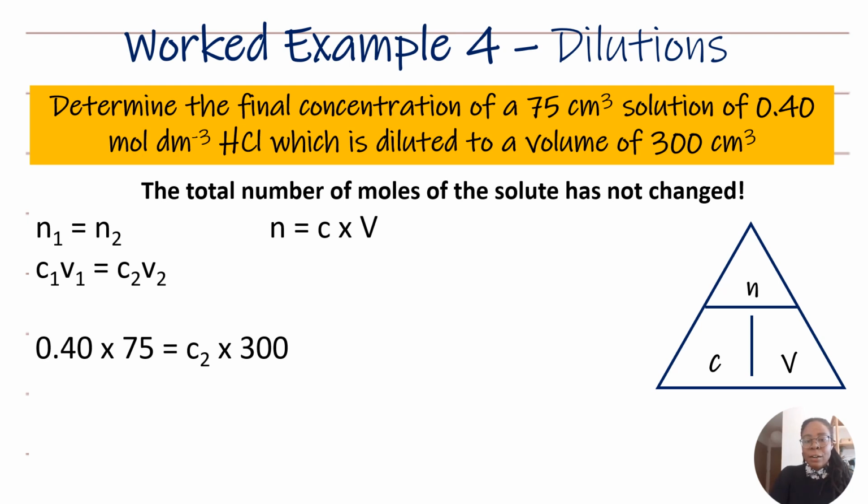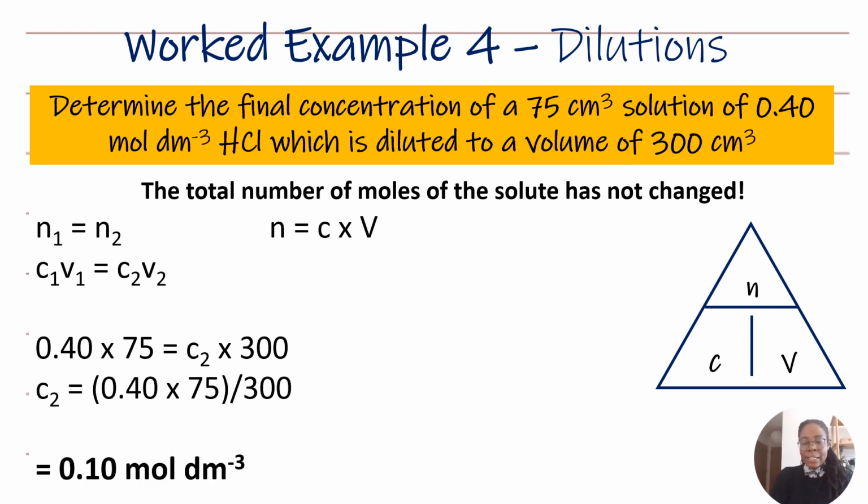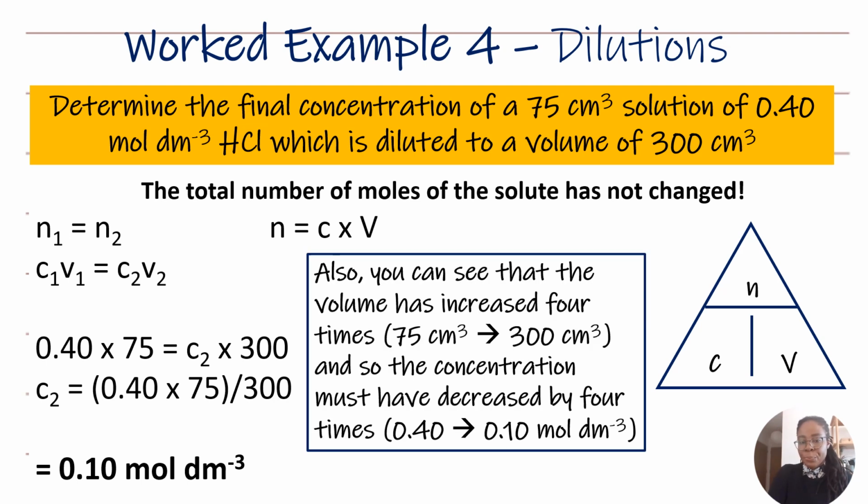Substituting in our values, we get 0.40 times 75 equals C2 times 300. We can then rearrange to make C2 the subject, and that gives us a concentration of 0.10 moles per decimeter cubed. Notice we didn't have to convert our volumes into decimeters cubed because dividing by 1,000 on both sides would just cancel itself out anyway.